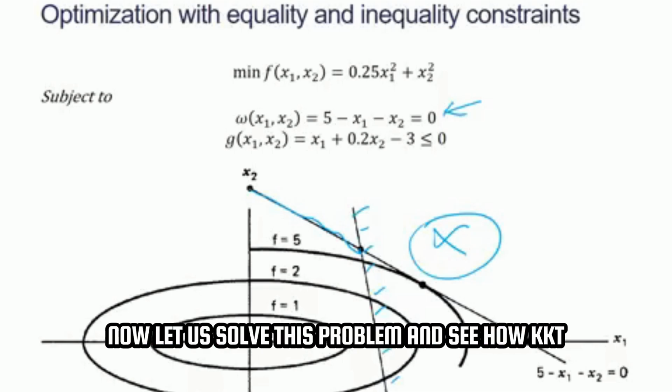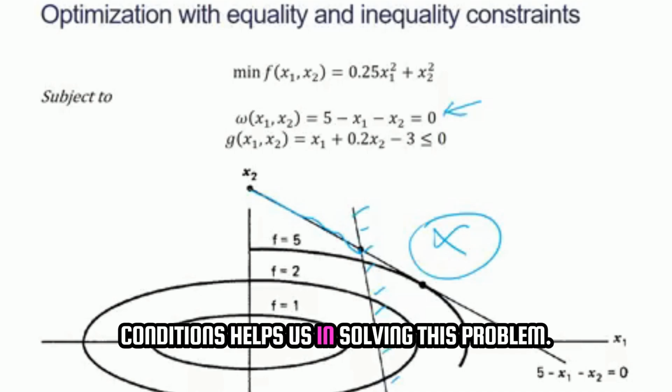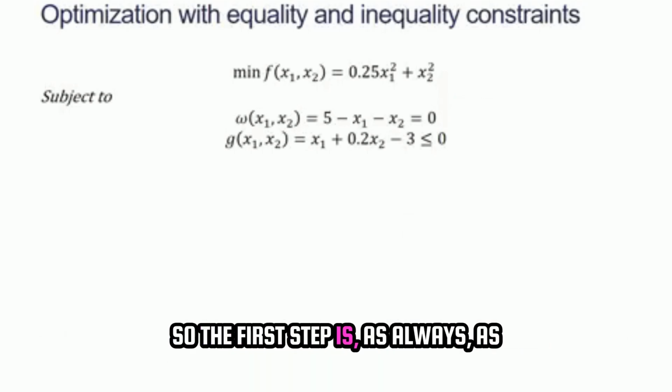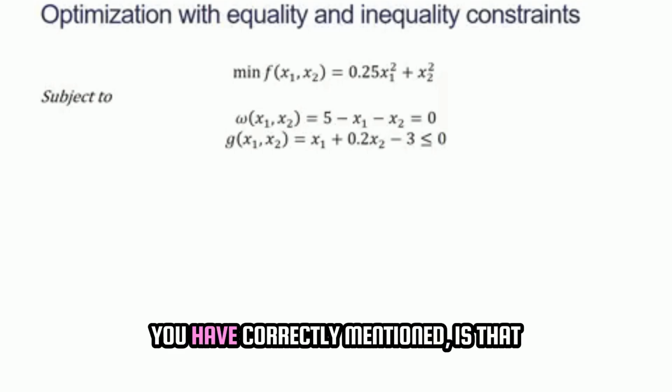Now let us solve this problem and see how KKT conditions help us in solving it. So the first step, as you have correctly mentioned, is the formation of the Lagrange function.